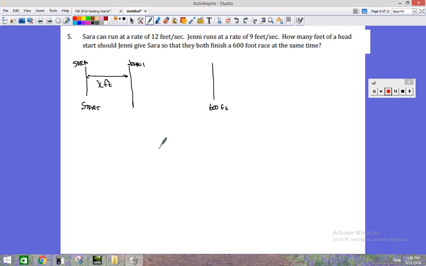So the time that Sarah ran is the same length of time that Jenny ran. Now, her head start, she doesn't have to run full blast to get to that mark, to get to her starting point.